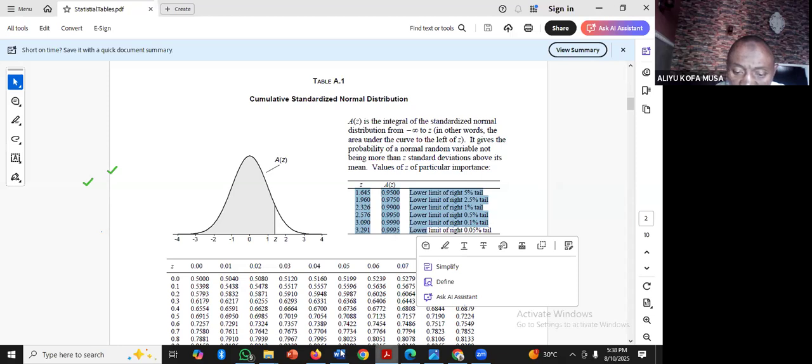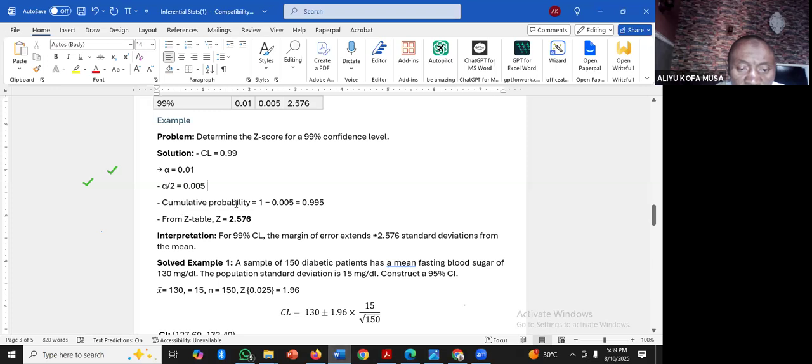Look at it here. We calculated the cumulative probability of what? 0.995. From finding alpha, divide alpha by 2, and then we subtract to get cumulative, then we got 0.995. Then you go to the table here.